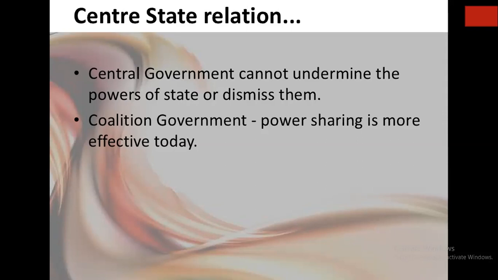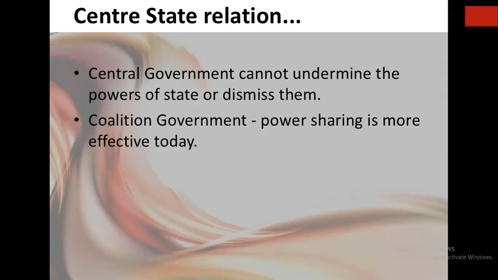Here we are not imposing or forcing anybody. Here power sharing is given more effectiveness. Nobody is going to monopolize, or rule over anybody. That is the meaning of coalition government.